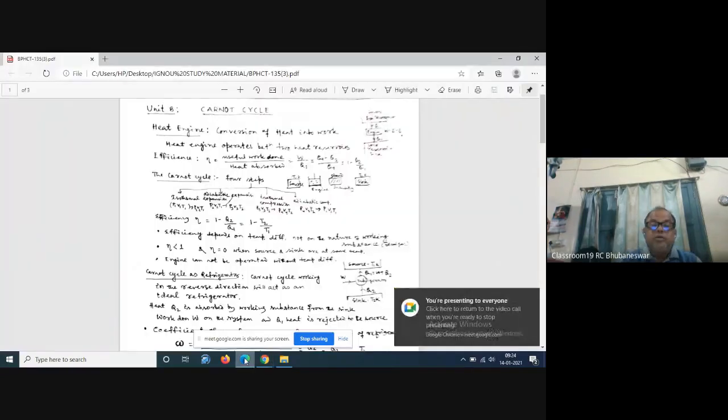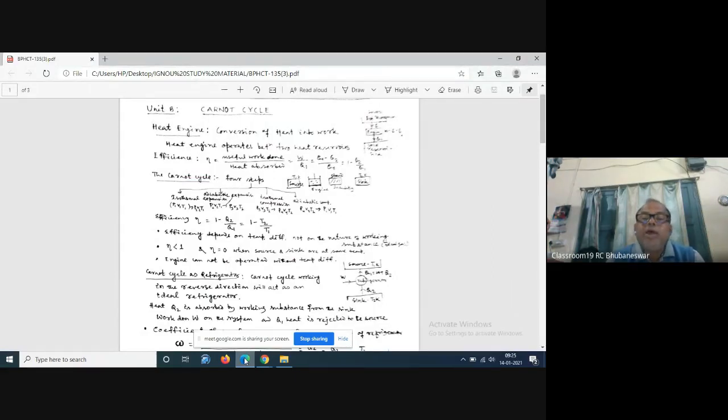Okay, we have to place the barrel in the insulating stand. So when the barrel is placed over the insulating stand, the bottom end is insulated. Now again we compress the piston, that is, it moves downward.